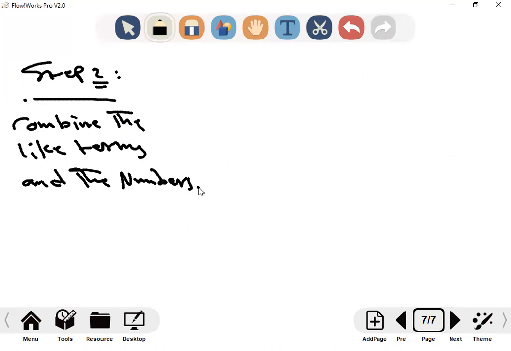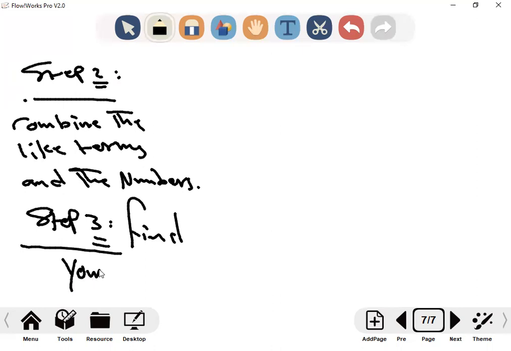Instead of having 2x plus 3x, I make them one term 5x, right? And also the numbers. What will we have here? A term with x and a term with numbers. We put them all together. So step 3, find your solution.